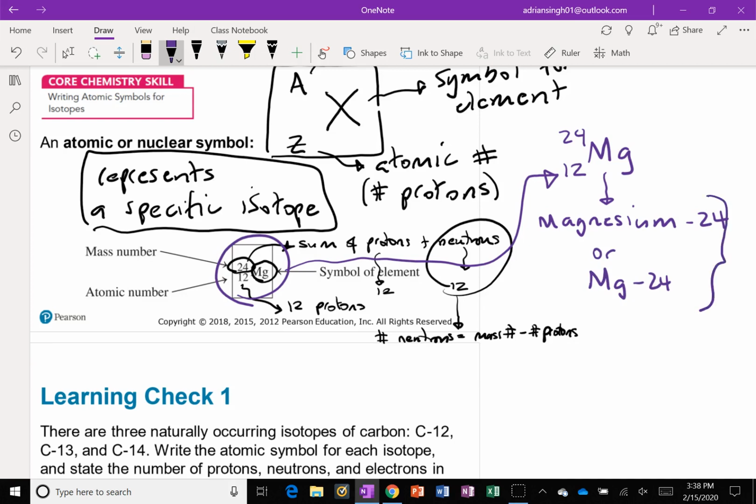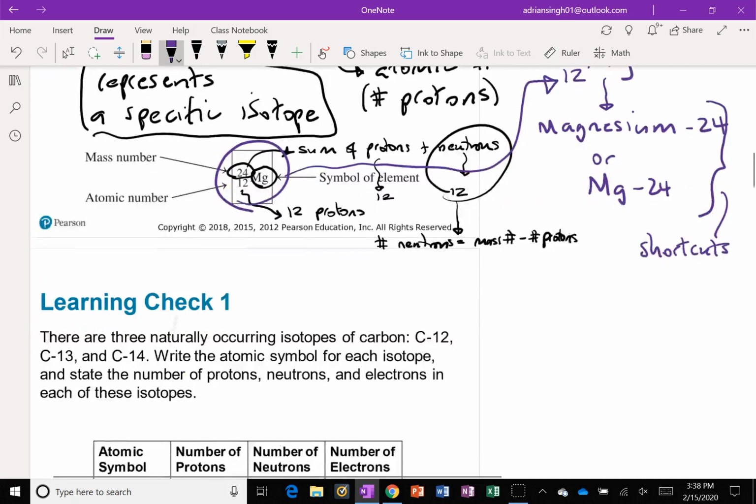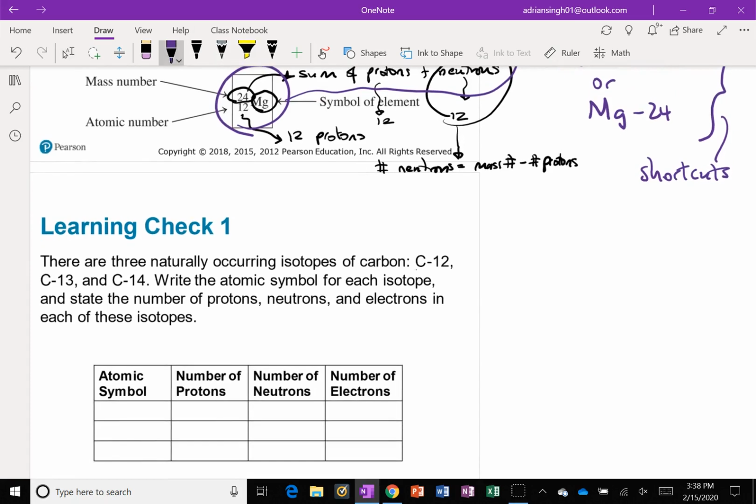These are just shortcuts to represent a particular isotope. So when we see C12, right, that is telling us it's carbon, and then the 12 here tells us the mass number.